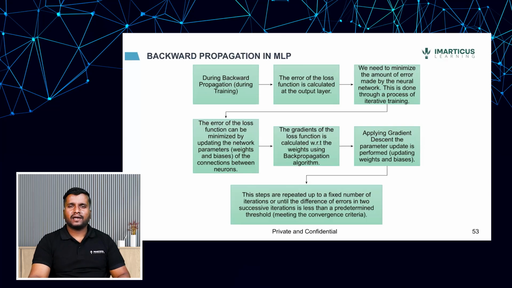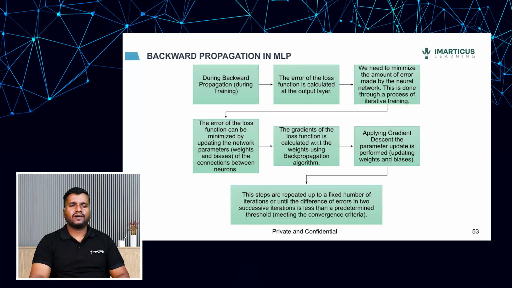So we apply gradient descent at each and every level of the parameters to update the weights and bias. These steps are continuously repeated up to a fixed number of iterations, or until the difference of errors in two successive iterations is less than a predetermined threshold.